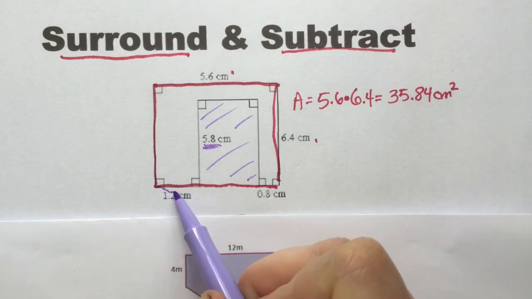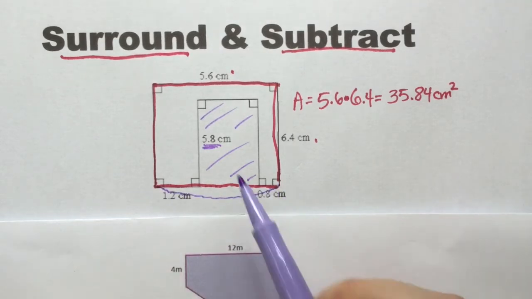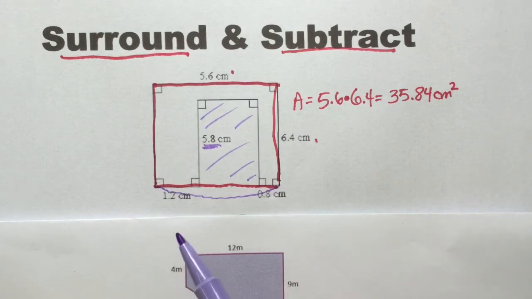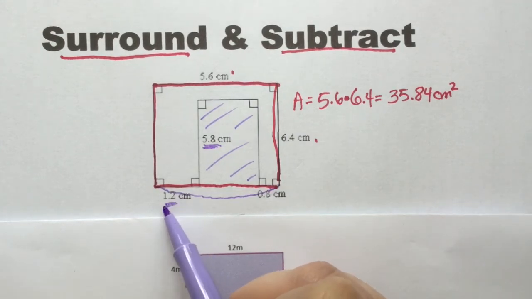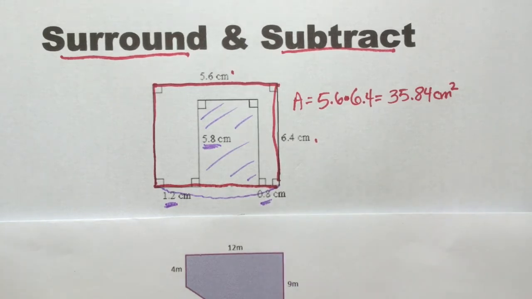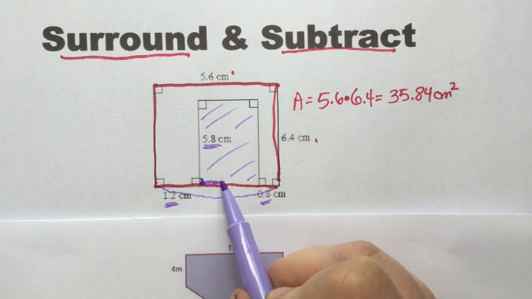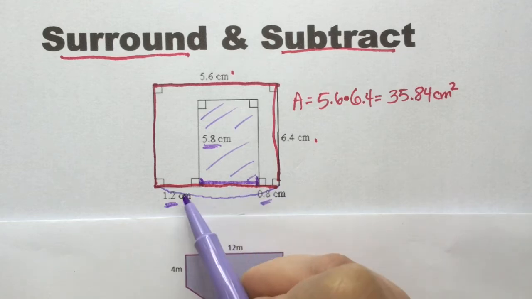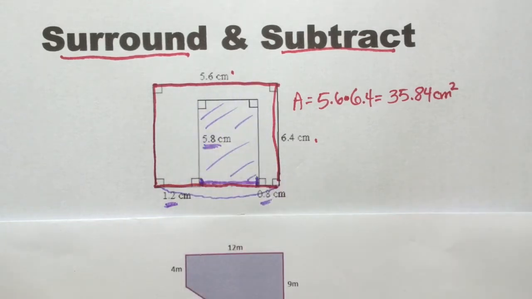I know that this entire piece here is 5.6, the same as the top, but I have to subtract away 1.2 and 0.8 to get just the distance from here to here, because all three of those lengths should equal 5.6. 1.2 and 0.8, that's 2.